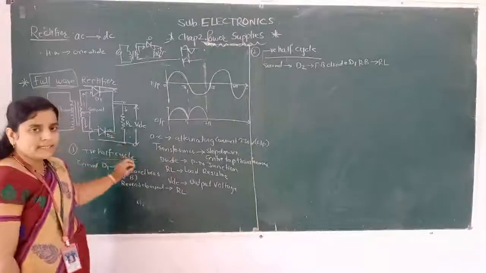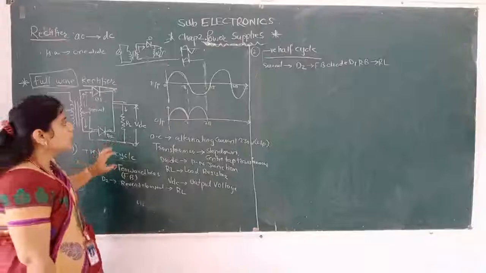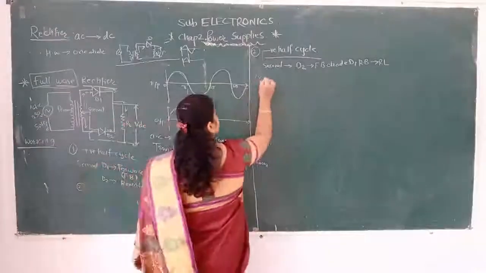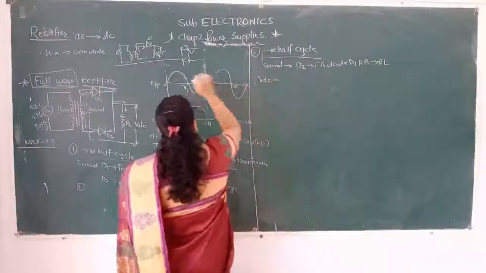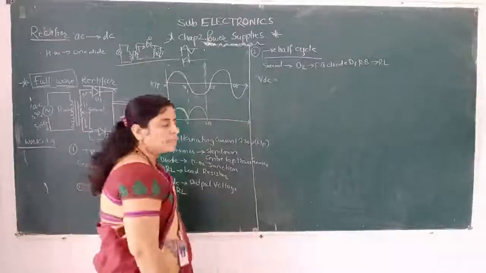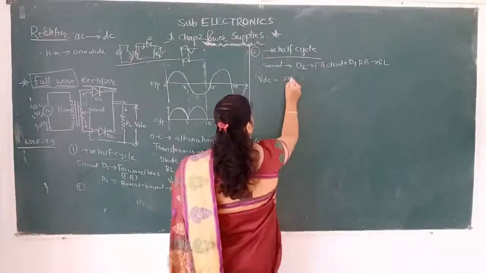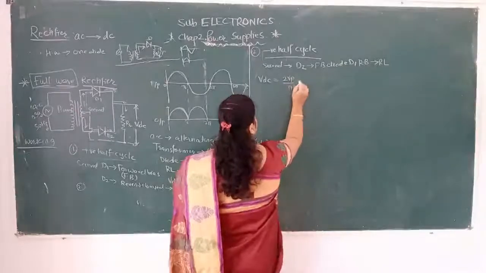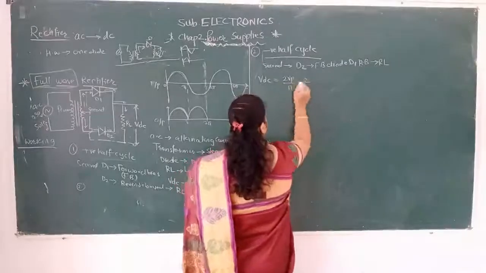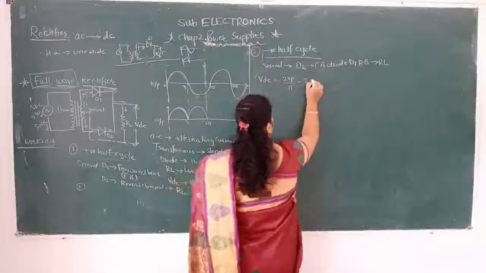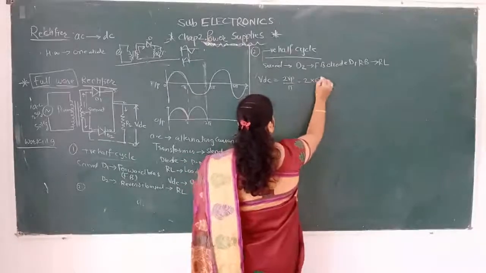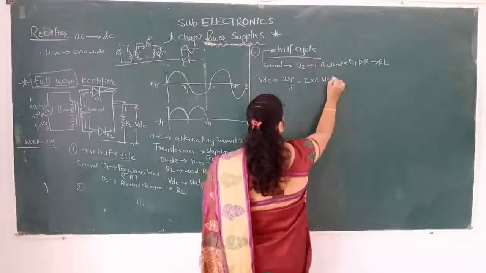So all of you understand what a full wave rectifier is? So what will be the output? VDC we have written for the half wave rectifier. For the full wave rectifier it is 2Vp upon pi, which is 2 into 0.316 Vp.